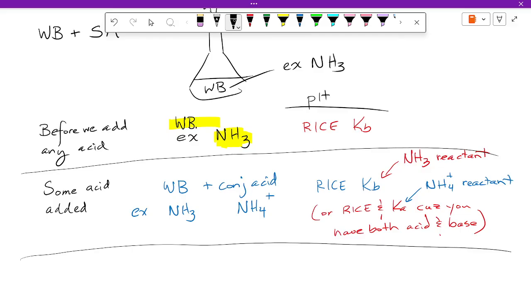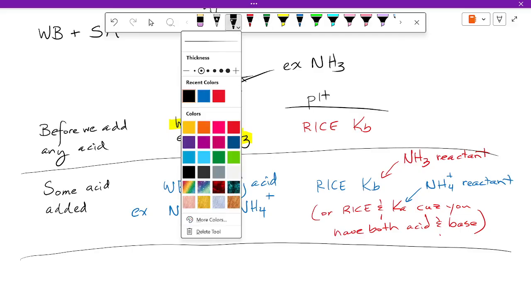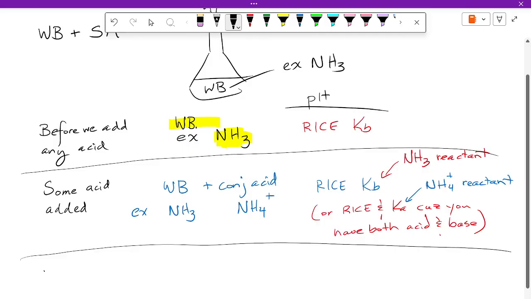Then we have, at the half equivalence point, what do we know about our weak base and our conjugate acid?